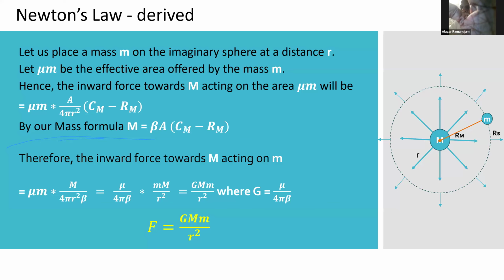Mu is there, divided by beta is there, and this mu times the mass m is the effective pressure. So that mu cannot be a constant. It varies from situation to situation, depending on how you place the mass and how much the mass is. So that mu is a variable. In our case, G cannot be a universal constant.